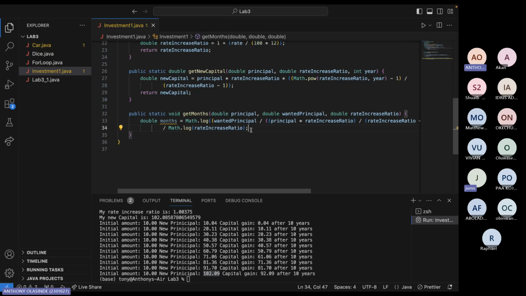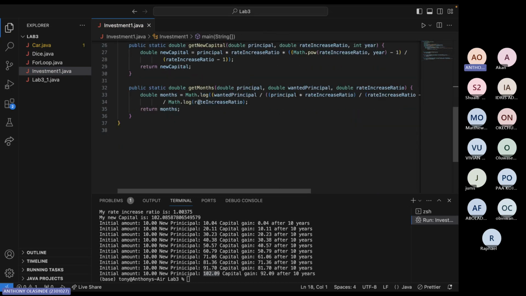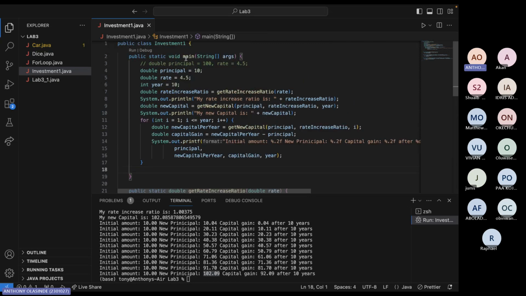So at the end of the day, you can now return months, and since your months is double, you have the right to change this to double. Then you can come back here. This will not normally run, but we want it to run, so we'll just come to the main method and call it.